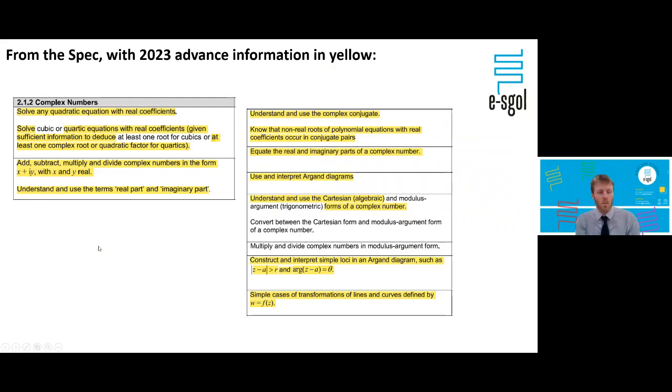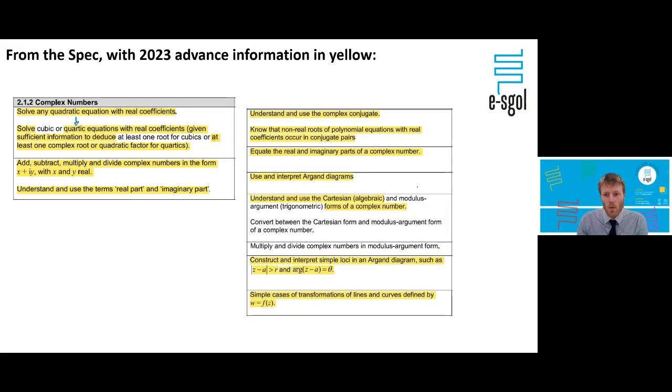So starting off with complex numbers, the advanced information given by the WJEC is highlighted in yellow, and there's a few interesting things. If we just look over here, for instance, on the left hand side, it seems highly likely to be a quartic equation that you have to solve in there somewhere.